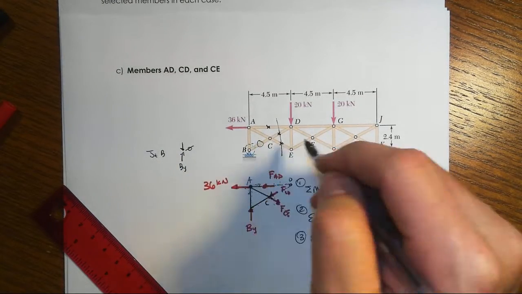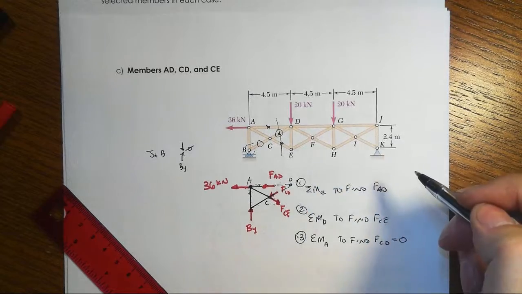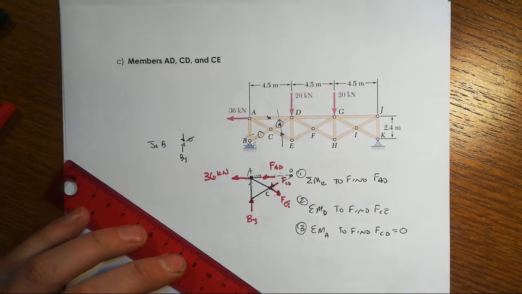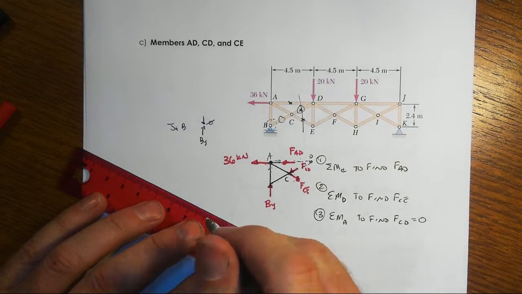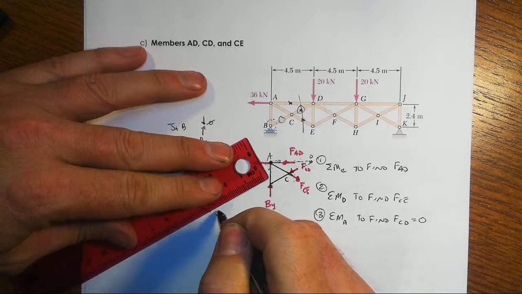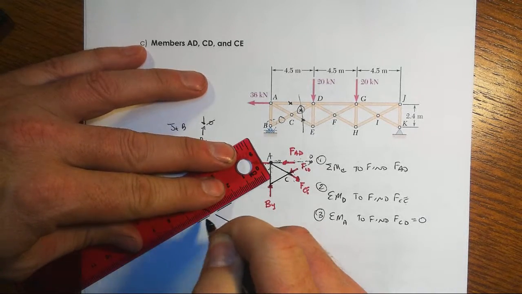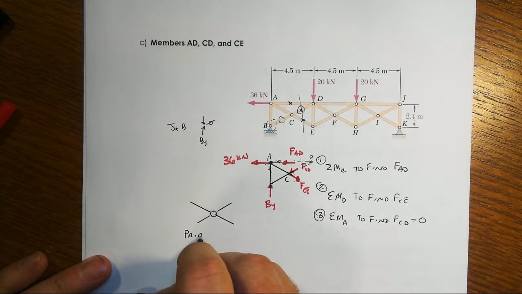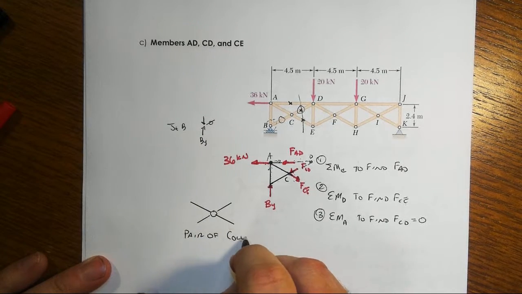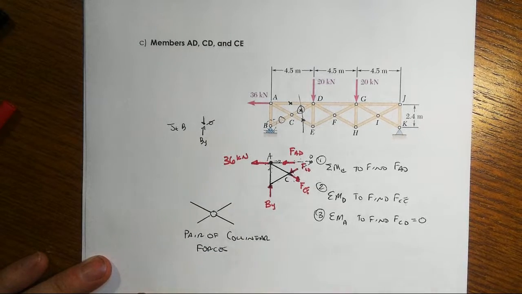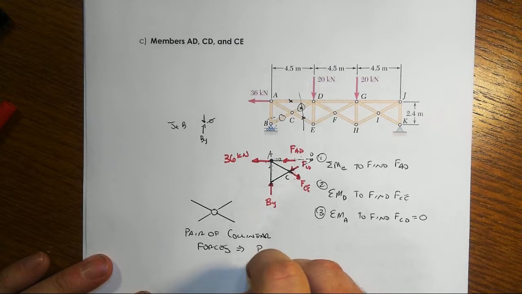That actually is 0, just like DC turns out to be 0, and that's another rule of thumb that we really haven't talked much about. If you have four members coming into a joint, and there's a pair of collinear forces, then what that tells us is that the pairs are equal.